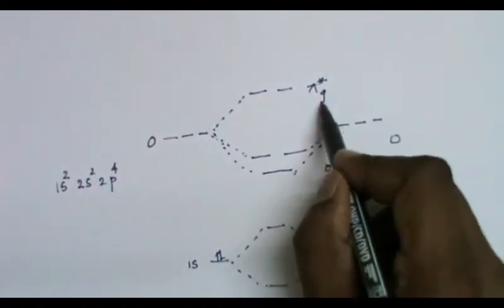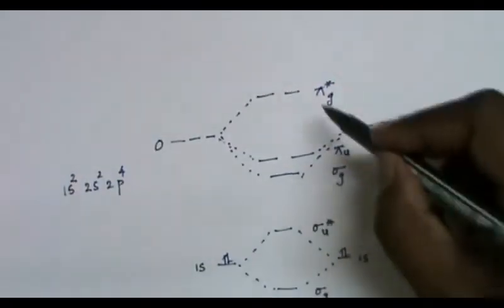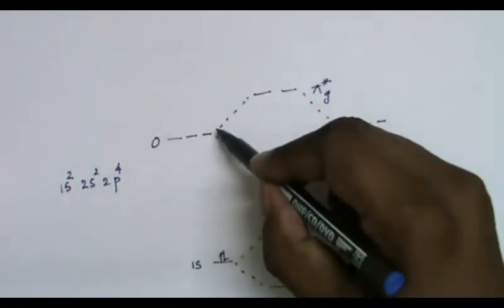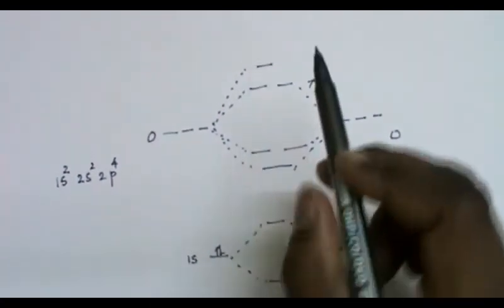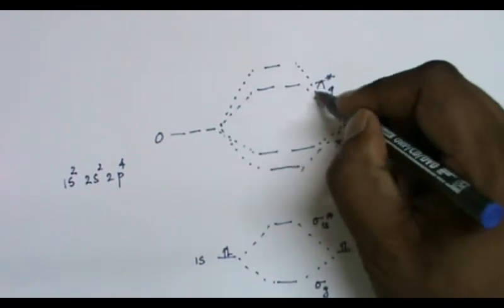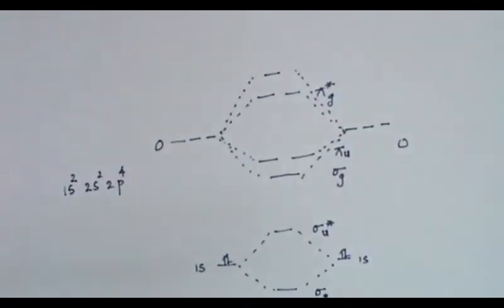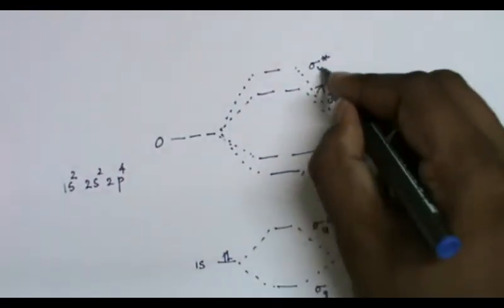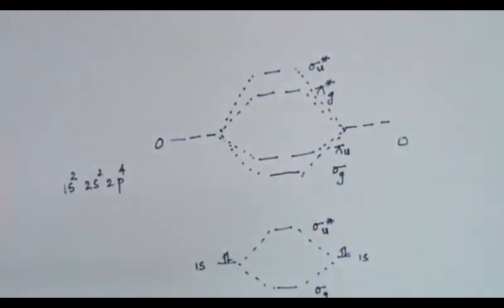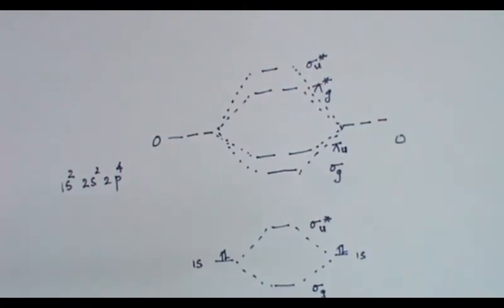Pi anti-bonding is gerade. Pi anti-bonding orbital has a center of inversion, so we get g, gerade. But sigma star, as usual, doesn't have a center of inversion, so we go for u.